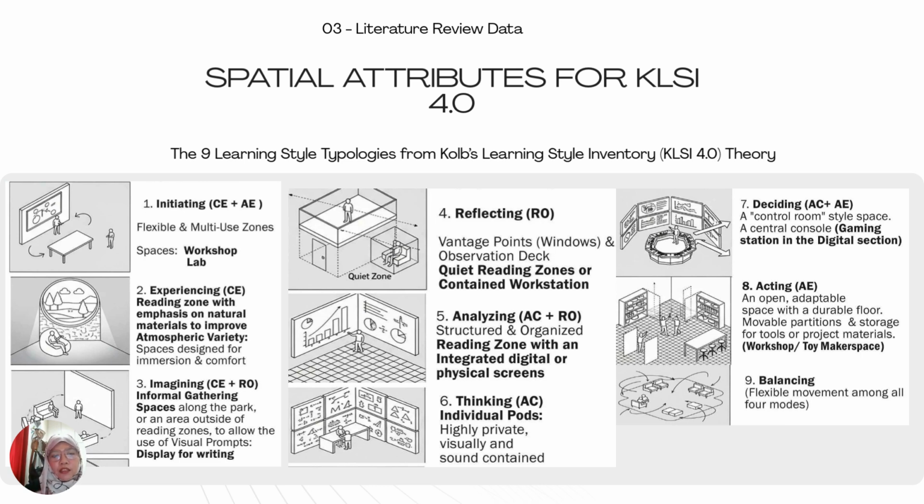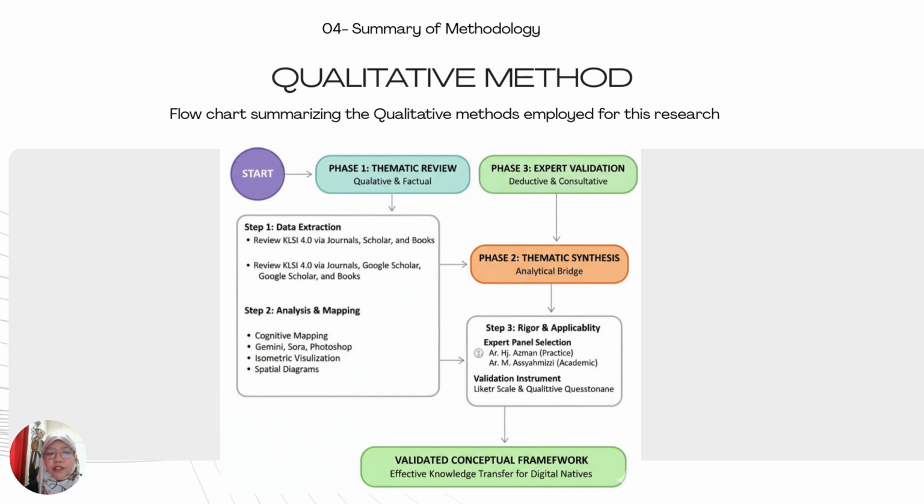As you can see, the nine are initiating, experiencing, imagining, reflecting, analyzing, thinking, deciding, acting, and balancing. This study focuses on the main learning styles that are most dominant among the digital natives, Generation Z and Generation Alpha.